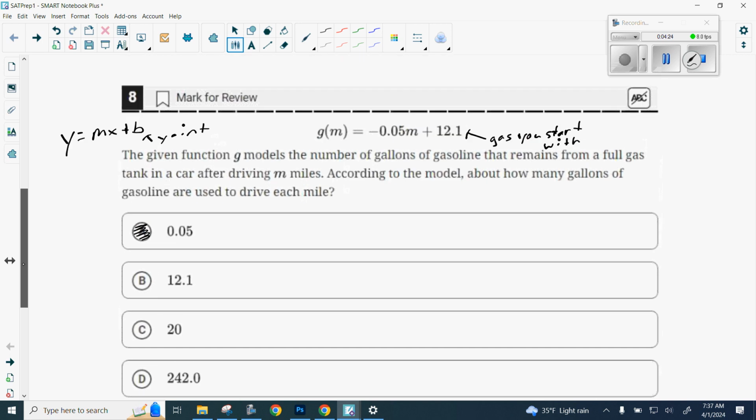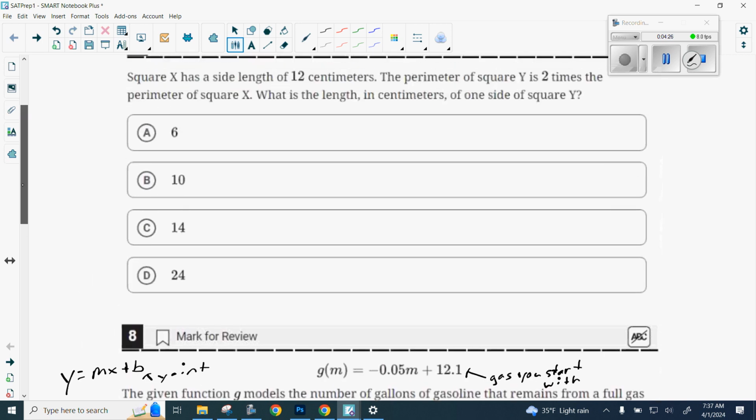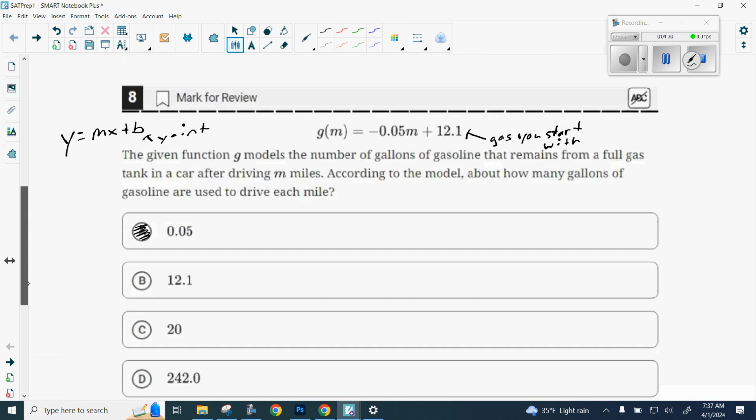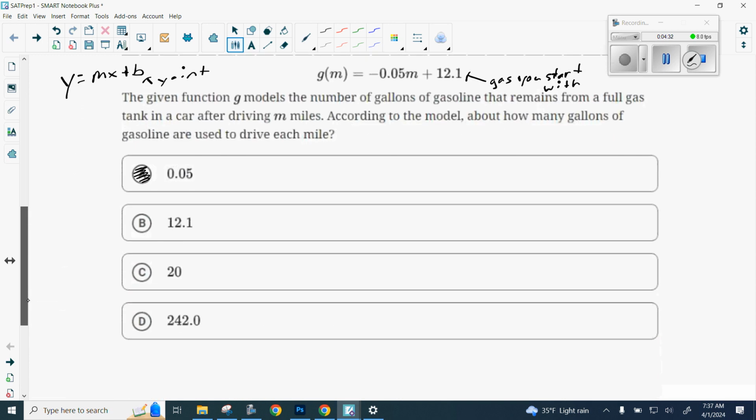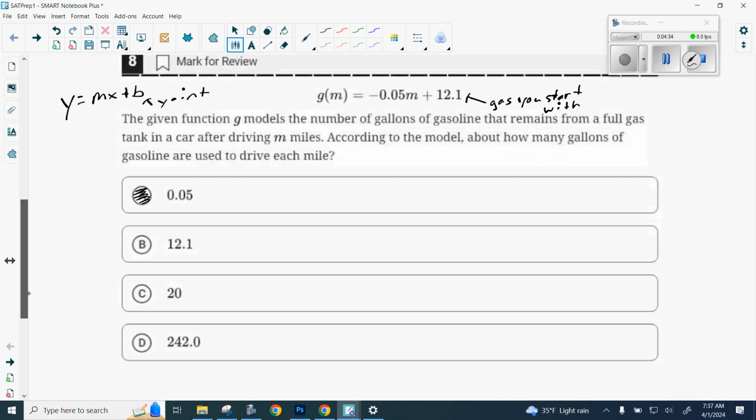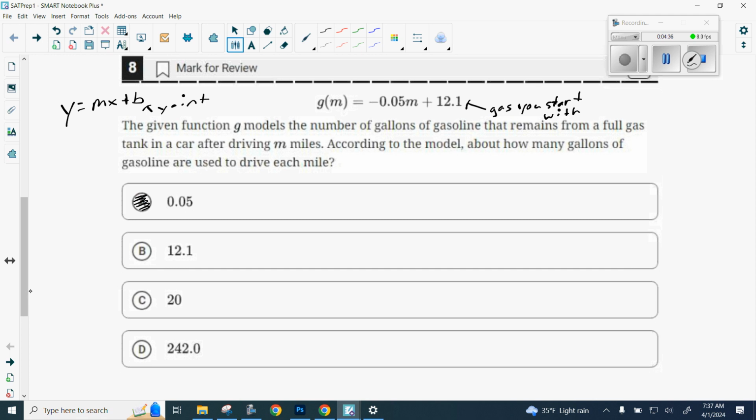I also did not fill in this answer, which was 24. But that's it, right? So the idea is that you recognize that in the equation of a linear function, your slope tells you your increase per each unit, or decrease in this case, for each unit.